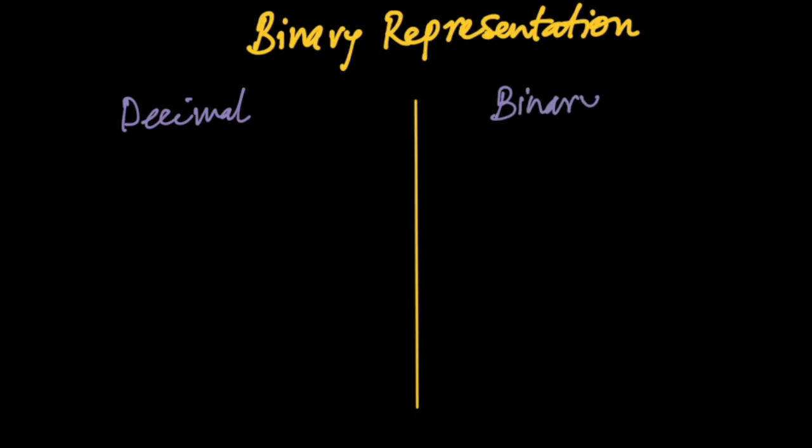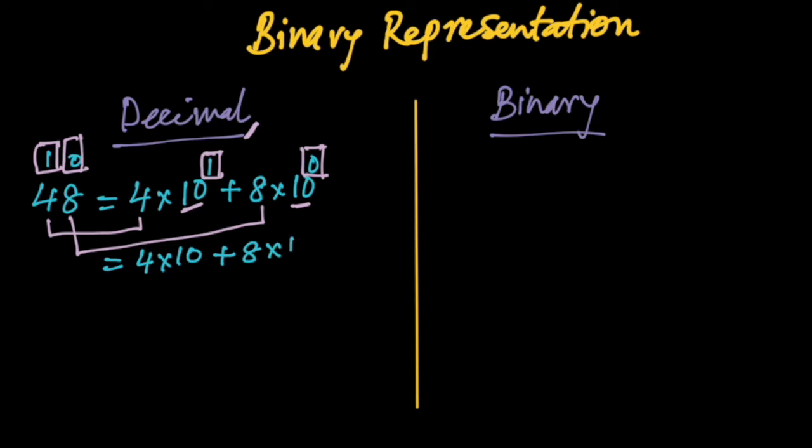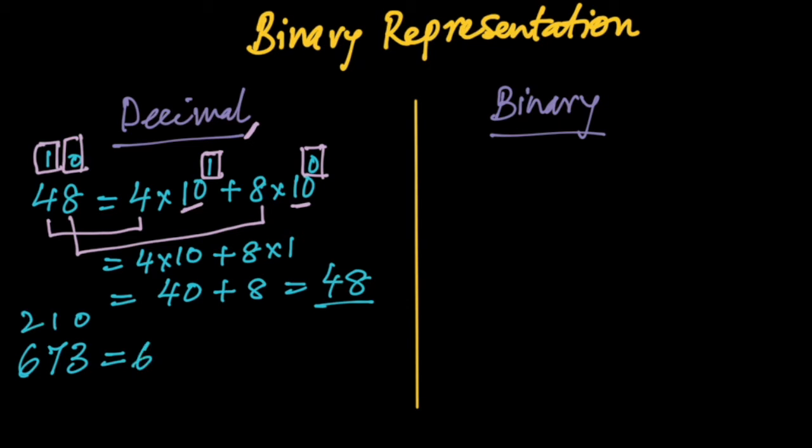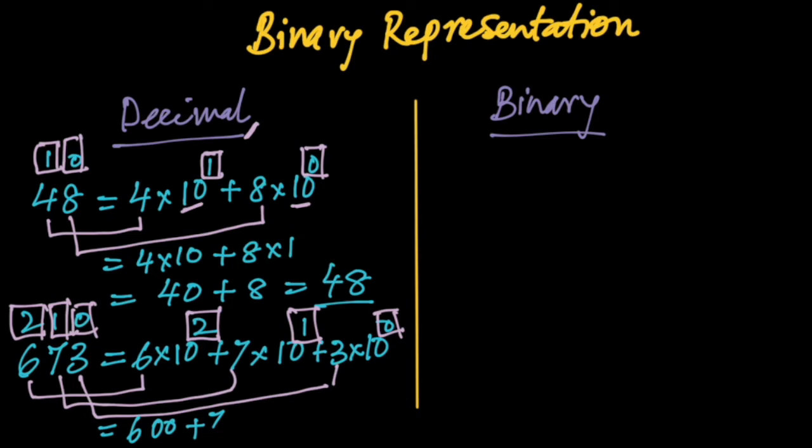So on one side we have decimal and on the other we have binary numbers. Let's take the example of 48. Let's take one more example, 673.